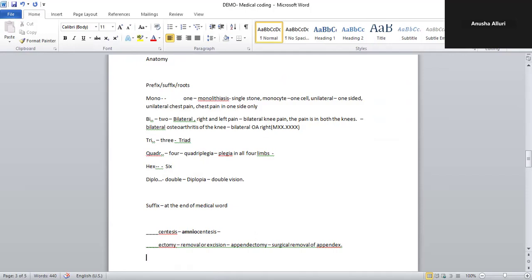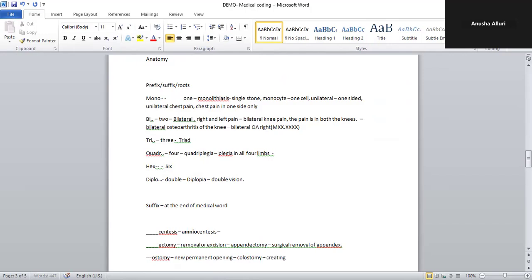Ostomy is a new permanent opening. Colostomy. Suppose colostomy: what is colostomy?